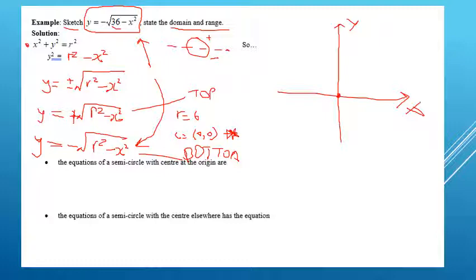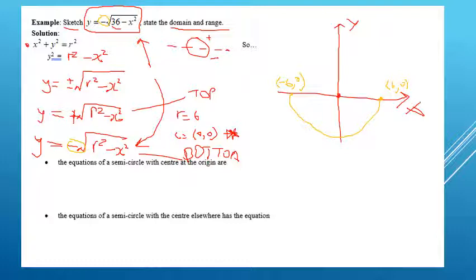The radius is 6, so from here we go out 6 units, so it's going to go out to here, 6, 0. We go left 6 units, so it's going to go to negative 6, 0. Because we've got the negative in front of the square root, it's the bottom semicircle. So the semicircle is actually coming down like this and turning back up there like this.